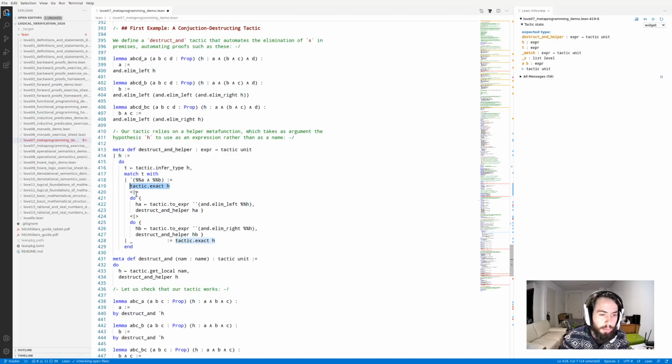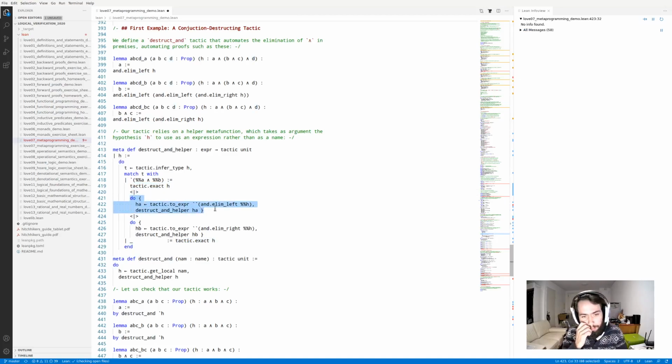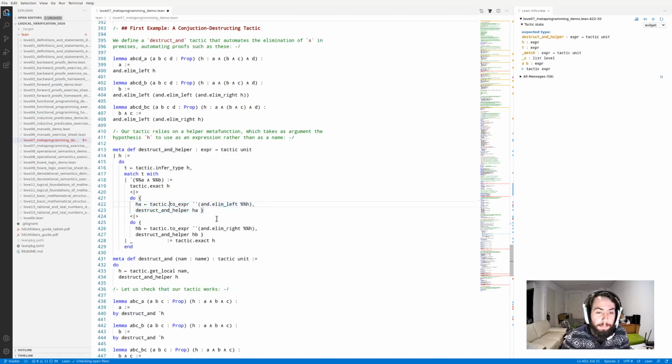If this fails, then we go to the next block down here, where we do the following. So we take the left conjunct, and this is going to be a proof of A right here, because if you look here, it's essentially what we do up here in order to eliminate a conjunction, right, we use and.lmleft and and.lmright.